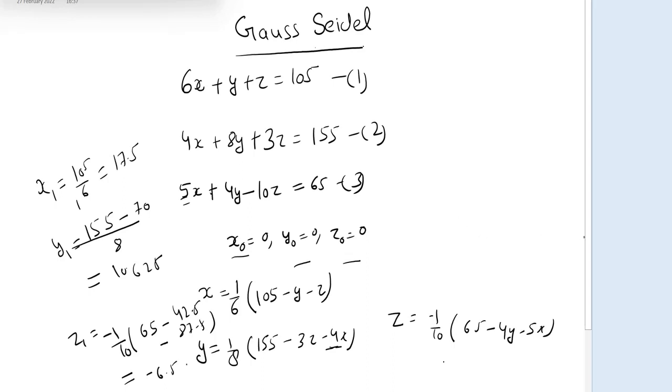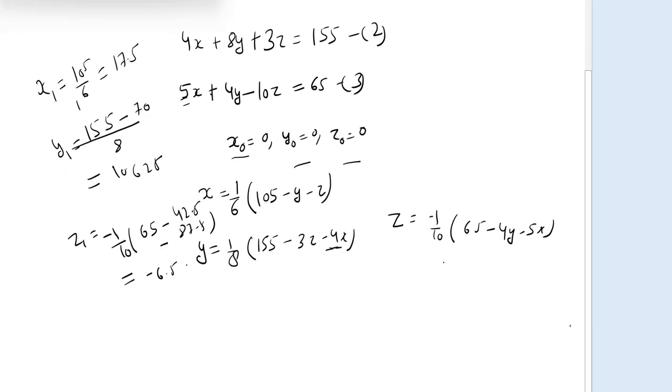Now at this time we know x1, y1 and z1: x1 is equal to 17.5, y1 is equal to 10.625, and z1 is equal to minus 6.5.